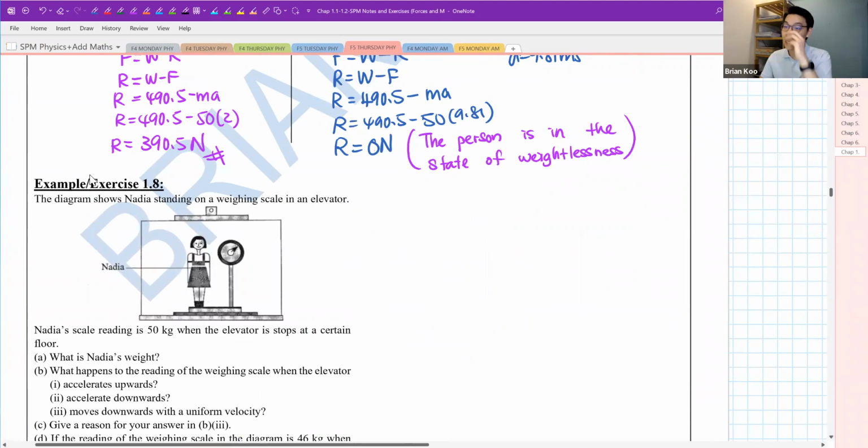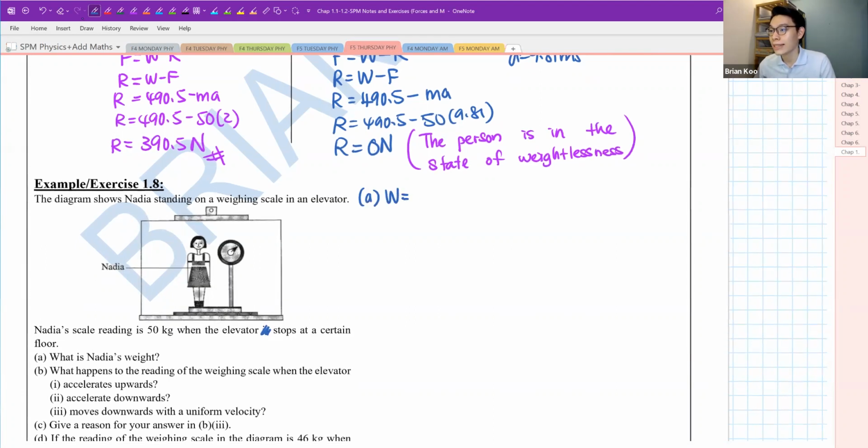The diagram shows Nadia standing on a weighing scale in an elevator. Nadia's scale reading is 50 kg when the elevator stops at a certain floor. What is Nadia's weight? To find weight, very simple. I think everyone should be able to do this now.